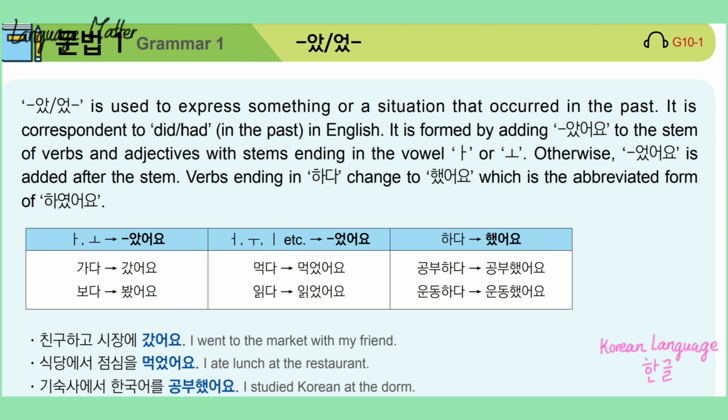Look at the chart. Ending in vowel ㅏ or ㅗ: to go, 가다, went, 갔어요. To see, 보다, saw, 봤어요. Ending in a vowel other than ㅏ or ㅗ: to eat, 먹다, ate, 먹었어요.